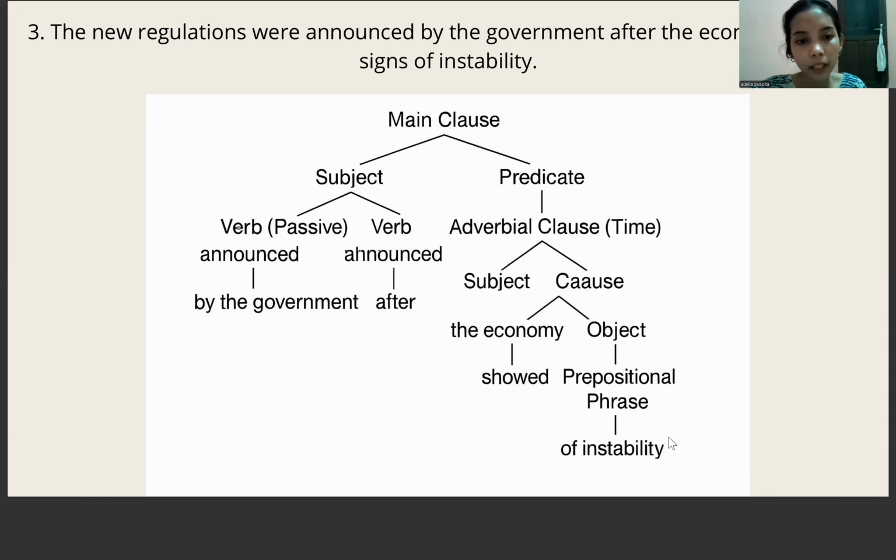In the verb passive in here they have were announced and by the government, and the verb they have announced and after. So in the predicate, they have an adverbial clause as a time, and in the adverbial clause, they have two, like a subject and clause. So in here, in the clause they have the economy and showed, and then the clause again they have an object as a prepositional phrase, like of instability as a prepositional phrase.